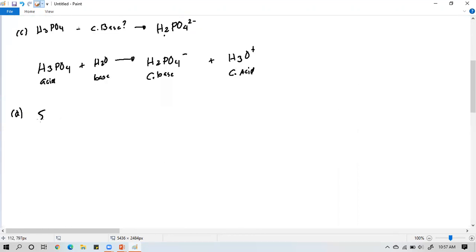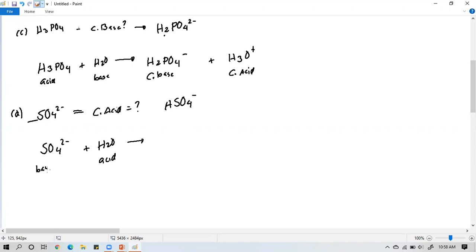So, conjugate acid naman daw ng ating sulfate ion here. What is the conjugate acid? Okay, para mas madali, dagdagan mo lang siya ng hydrogen. Kasi nga, conjugate acid. So, therefore, HSO4 negative. Yan agad yung sagot. And if you wish to write the equation para mas maintindihan ninyo, ayan, sulfate, nilagay ninyo sa water, nag-form, this one is the acid, and this one is the base.